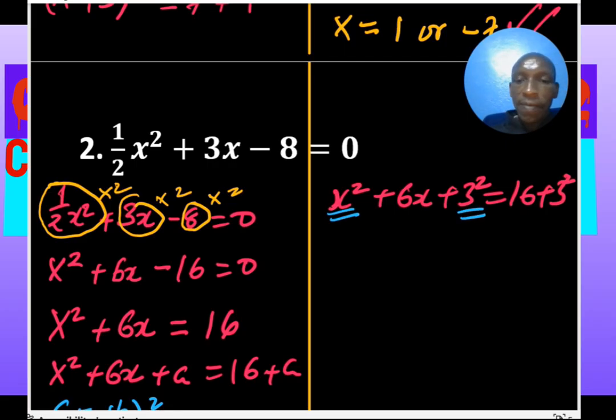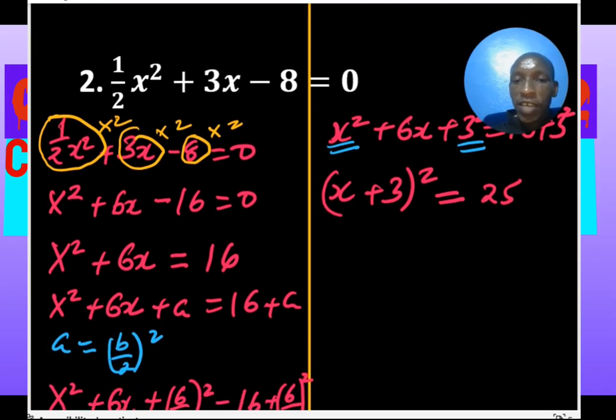This will give us x plus 3 squared is equal to 16 plus 3 squared, where 3 squared is 9, and 9 plus 16 is 25. So x plus 3 squared is 25.